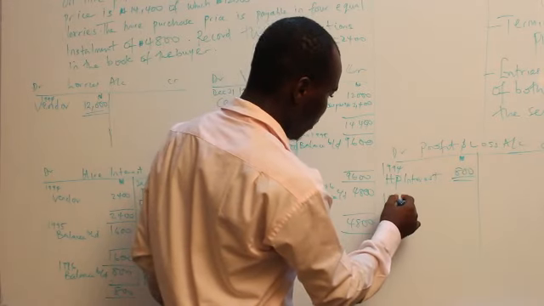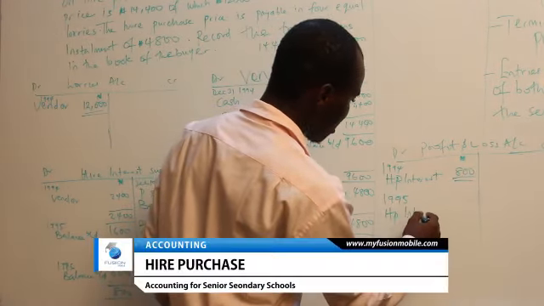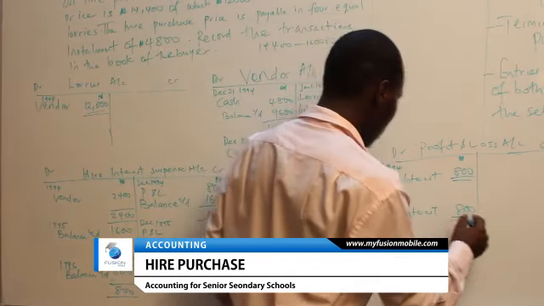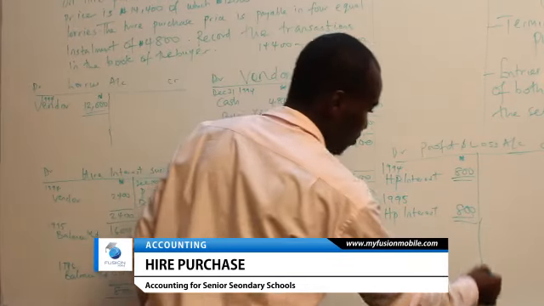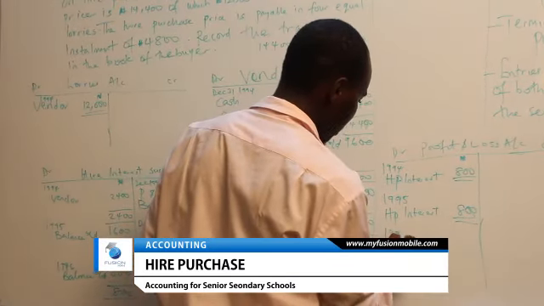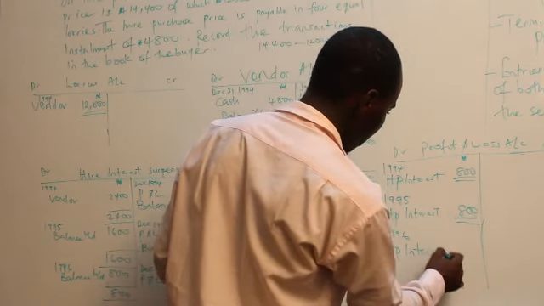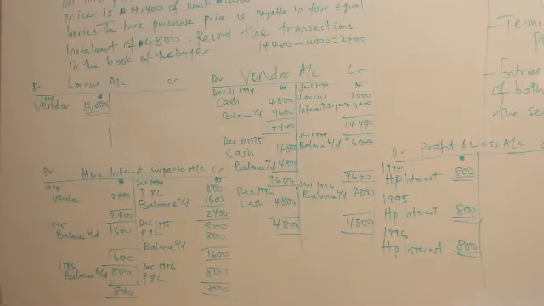In 1995 also, we have HP interest, so we have 800 naira also in the P&L account. So the P&L will be debited with the amount of interest paid in the period. In 1996, we have HP interest to be paid, which is 800 naira. So that is all about the hire purchase transaction in the book of the buyer.